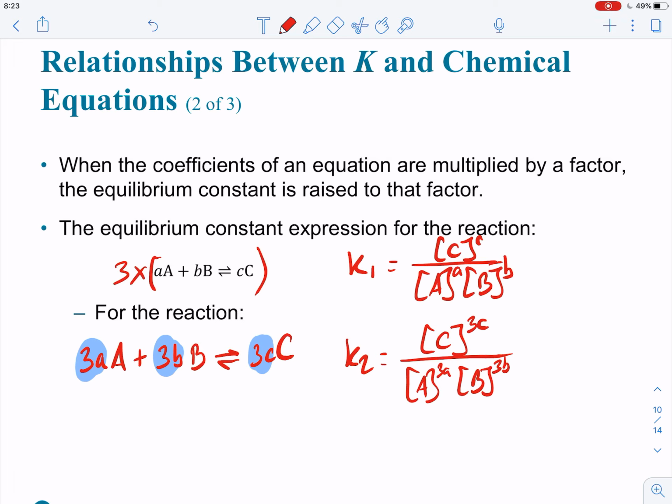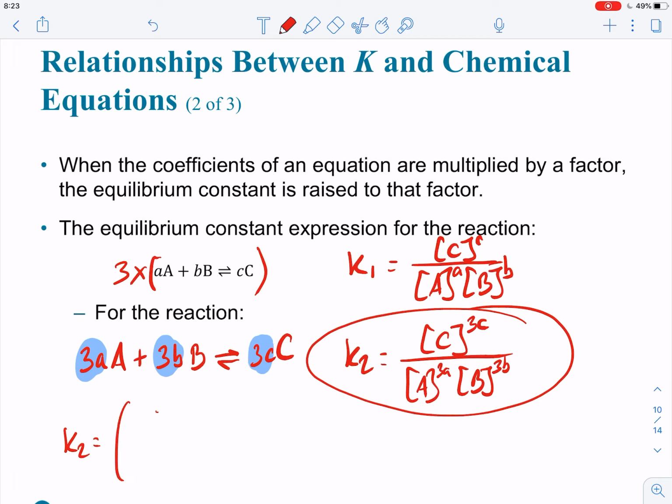And guess what? We can take this expression and we can say K2 is equal to C to the c over A to the a, B to the b, all of that raised to the power of 3.